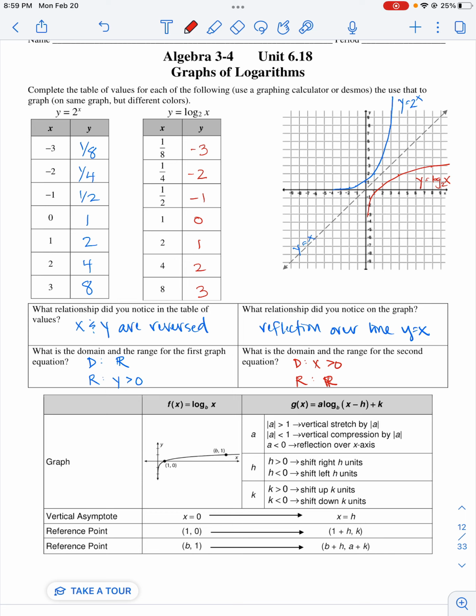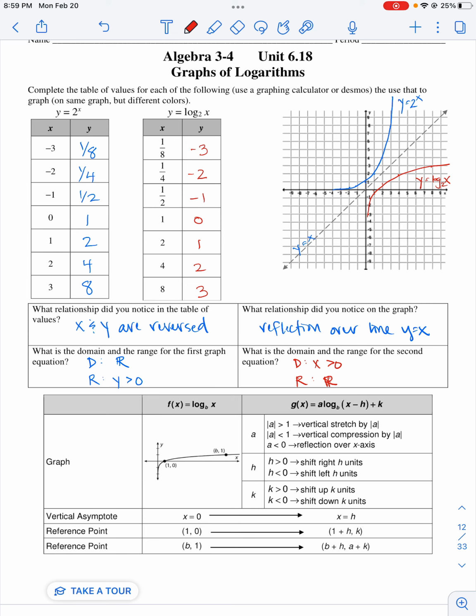All right, to review at the bottom, these are just the rules for transformations, and they follow all the same rules for logarithms that they do for every other parent function that we've studied: quadratics, absolute value, cubic functions, and exponential functions.